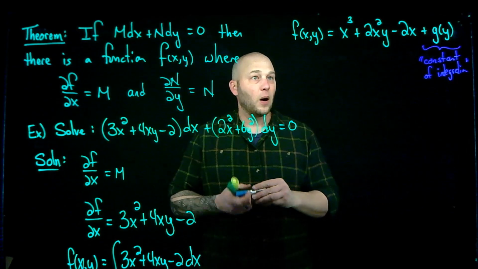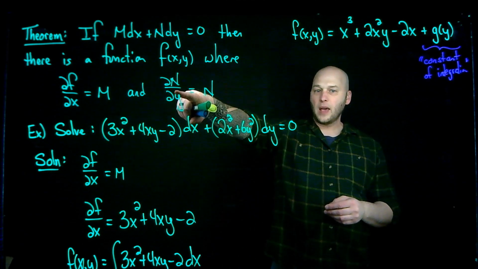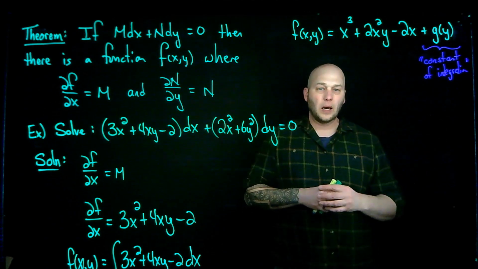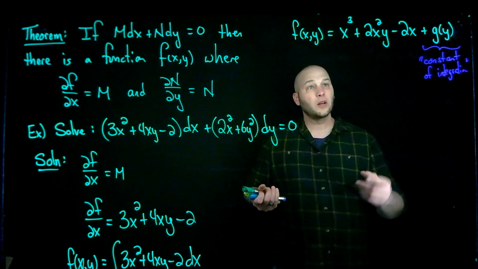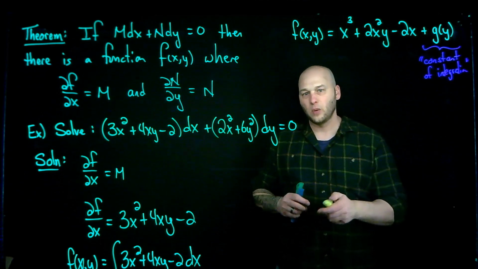Okay. Now, what I'm going to do is use the other derivative statement, the partial of f with respect to y is equal to N, along with this function that I know so far to uncover the constant of integration g of y. So let's go ahead and do that.